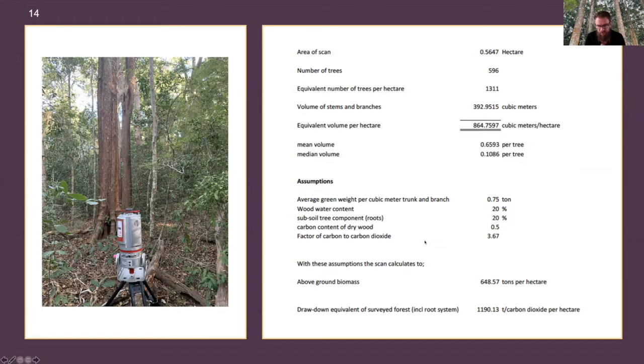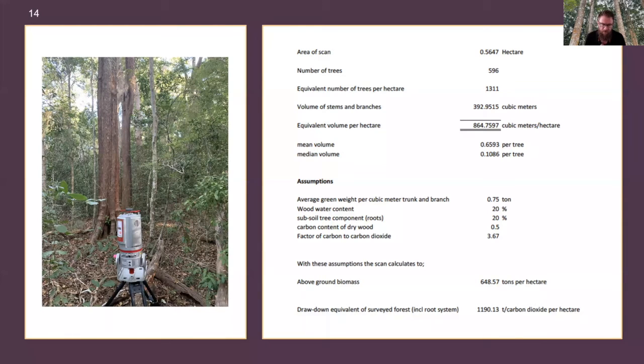So 16 by 2 is 32, plus the carbon is 44, and the ratio of carbon to carbon dioxide, 44/12, is 3.67.